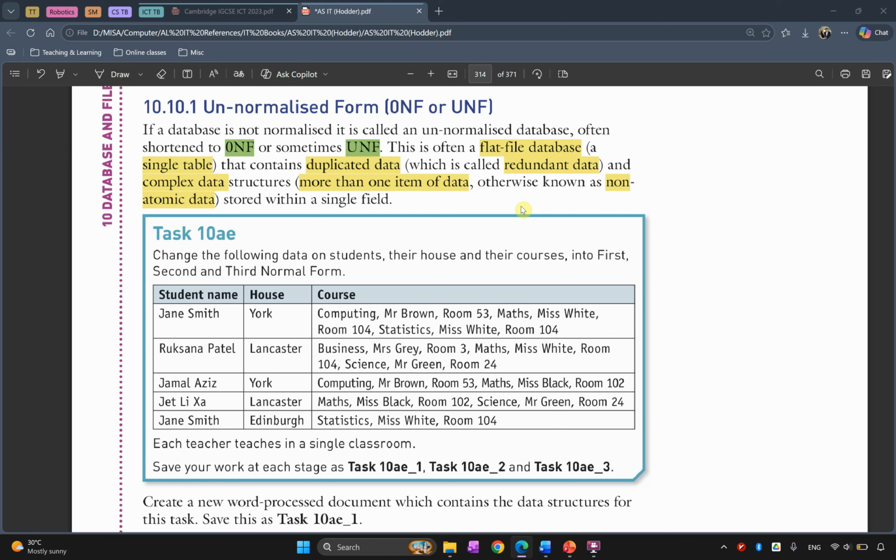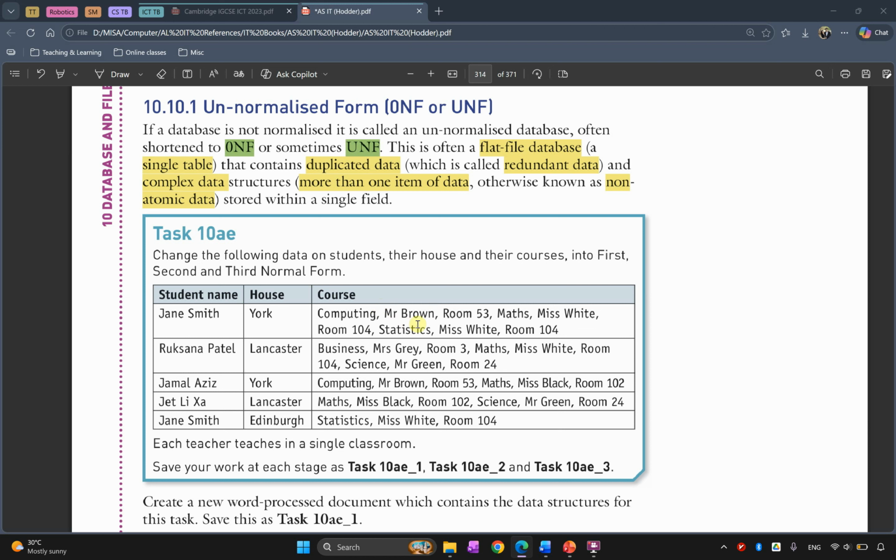The third indication is that you're going to find non-atomic data in it. What I mean by non-atomic data is that the data is combined within one field. For example, in the course field we have multiple data combined. Computing should belong to another field, for example subject.